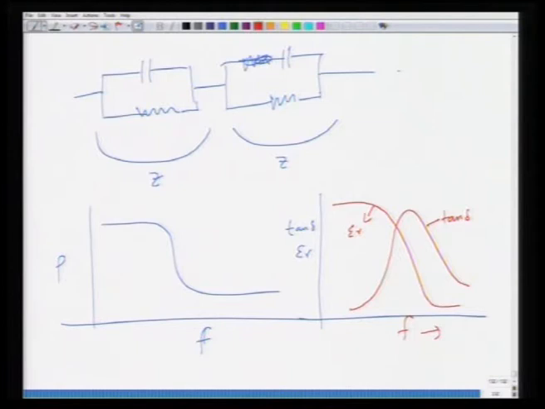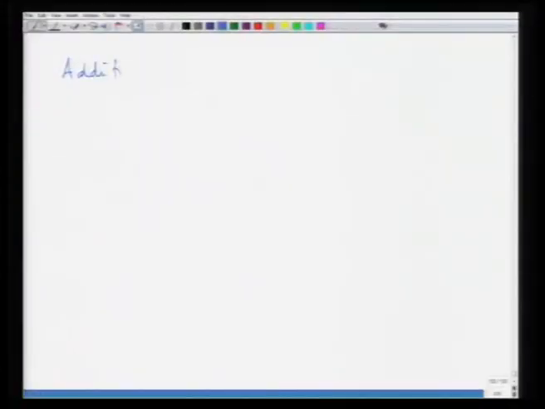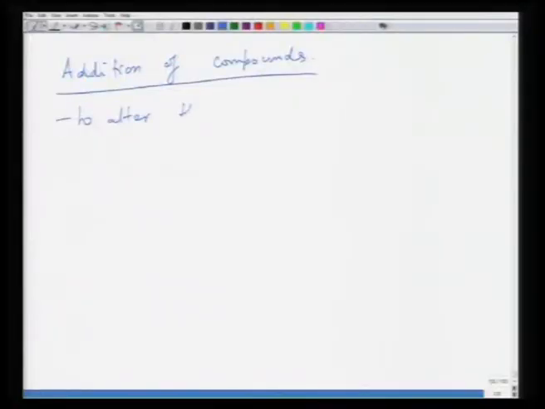Finally, from the point of view of resistivity, you can also add compounds, and the addition of compounds essentially alters the nature of grain boundaries.